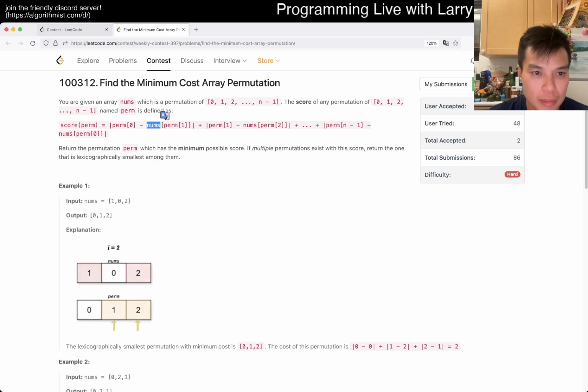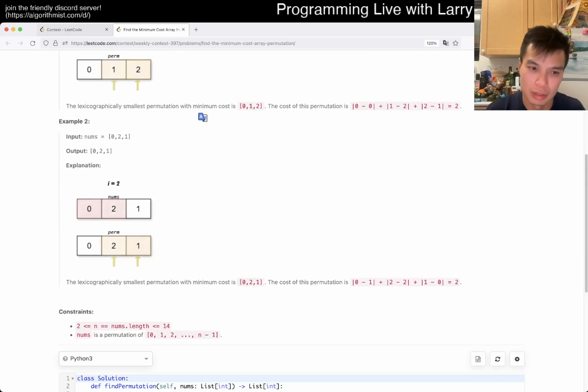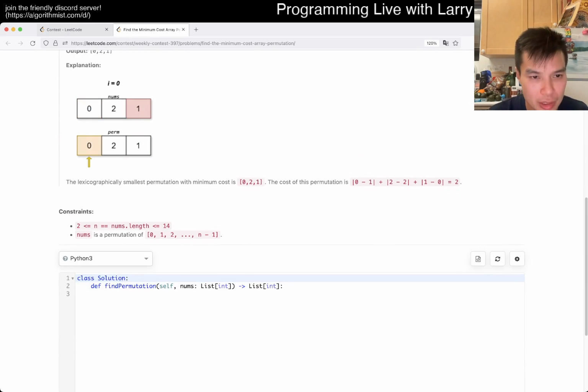Nums of, is it given nums? So perm of 0. So this is what we're trying to figure out, I guess. And then here, we're going to try the minimum possible score. So nums of perm 1. I don't know what this means. Oh, 14. Huh. 14 makes a difference.